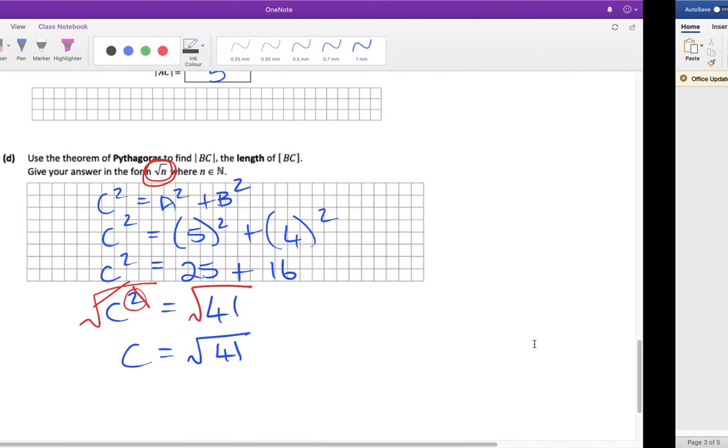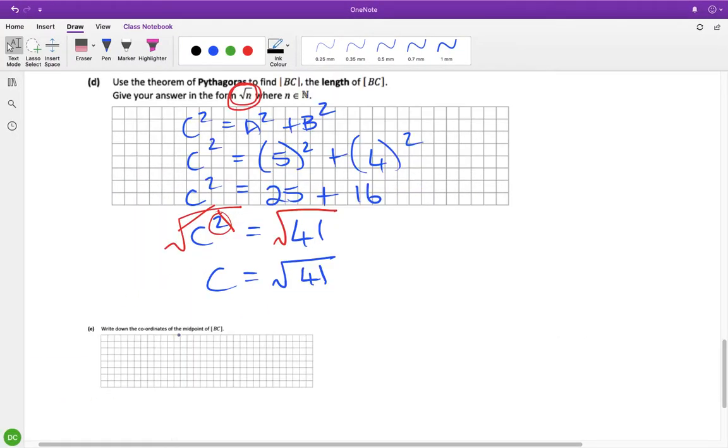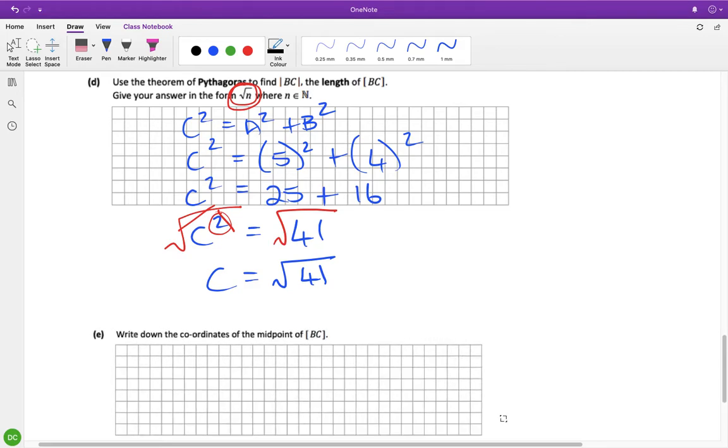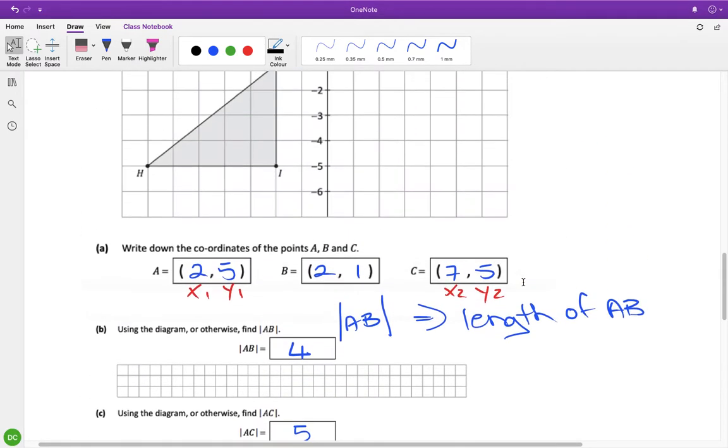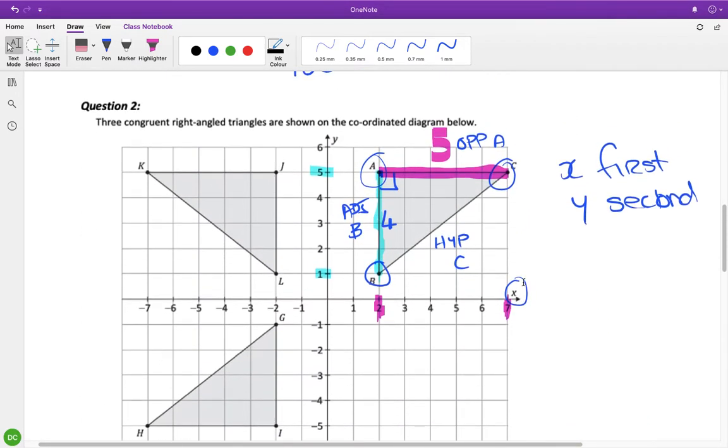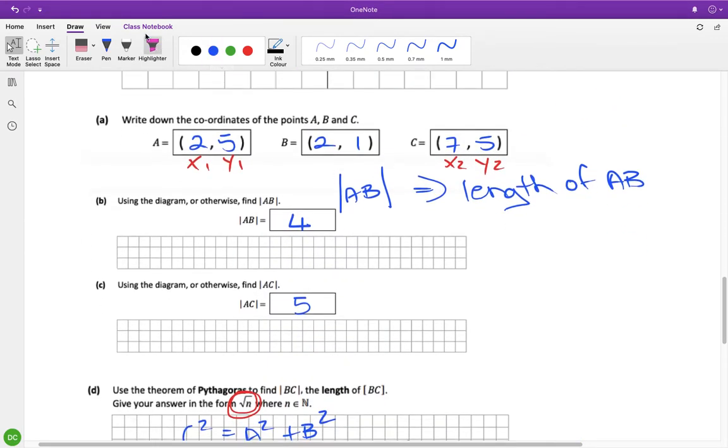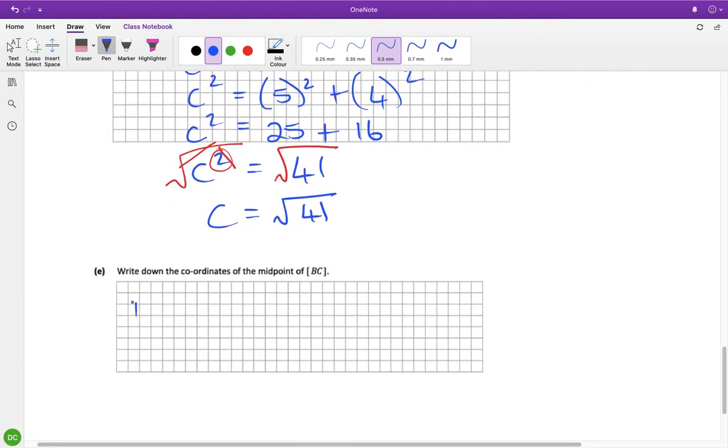Okay. Write down the coordinates of the midpoint of BC. Where's BC? Okay, so I think we might have to actually do this. So take them off. Right, so here's B, so that's going to be x1 and y1, and there's C, x2 and y2. So let's just write this down again.